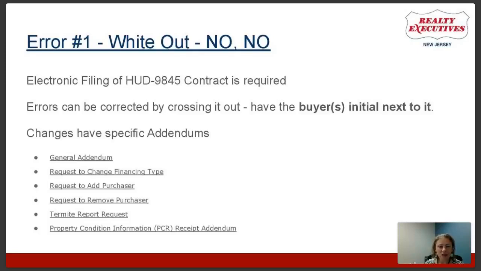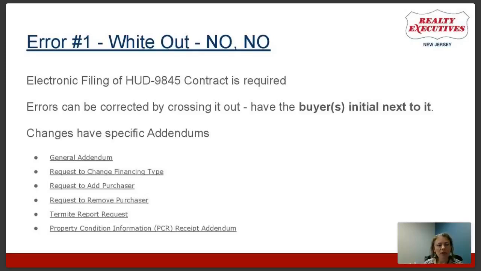In the past, when we were typing our contracts, they specifically said absolutely no whiteout. But now, with electronic filing, they still say if there are any errors or corrections that need to be made, they can be crossed out, but the buyer must initial next to the correction.